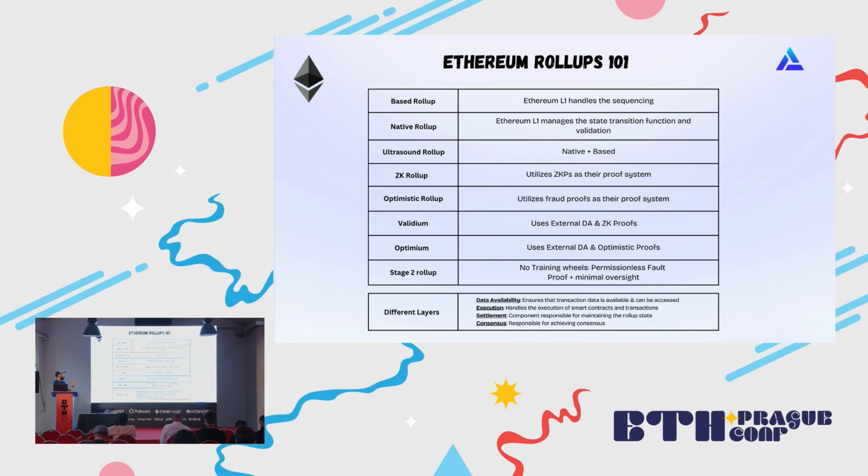Sequencing, what we just saw, is how you sequence your transactions. As of now, there was a single sequencer doing that in all these rollups, but with based rollups, it is done by Ethereum L1. So searchers, builders, and proposers, all that PBS, proposer-builder separation game that exists on the Ethereum network, is going to perform the sequencing. In this way, the centralized sequencer problem is going to be solved.